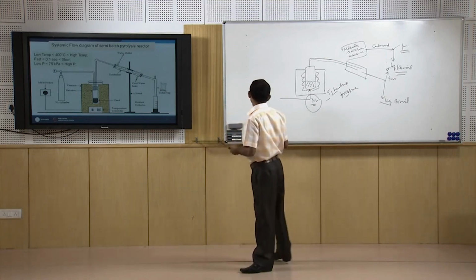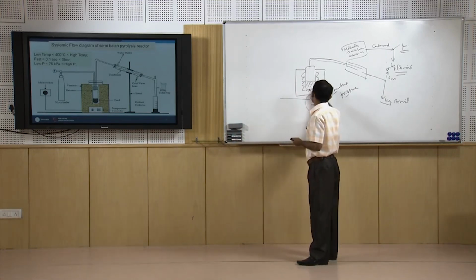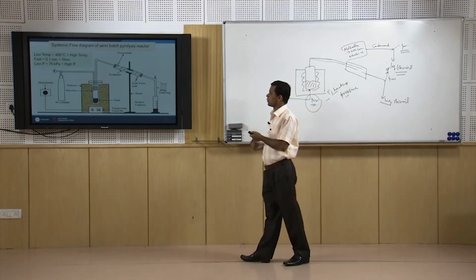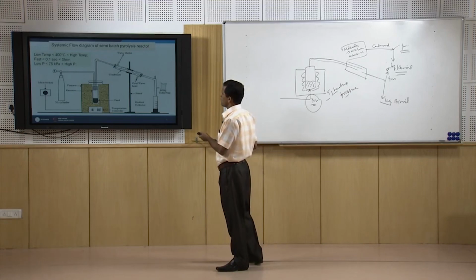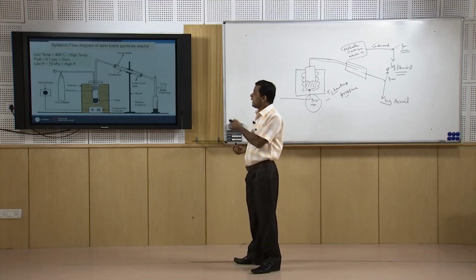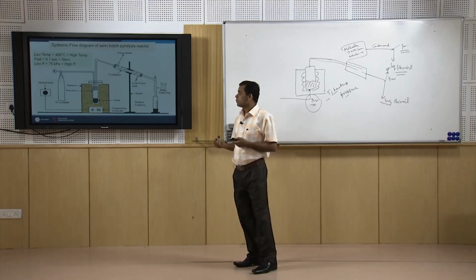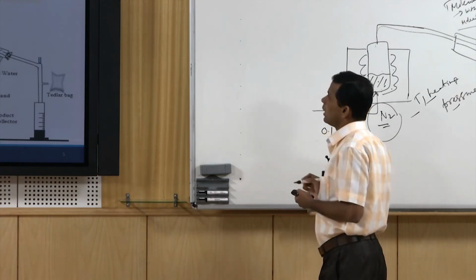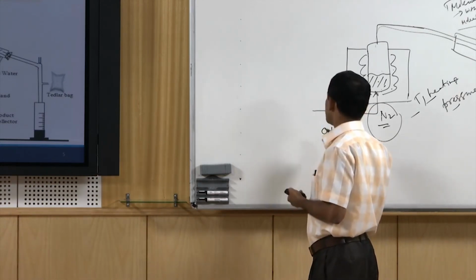Pyrolysis reacts under atmospheric pressure or below atmospheric pressure also for vacuum pyrolysis, and low temperature means less than 400 degree centigrade, and fast means residence time less than 0.1 second, and slow means greater than this.